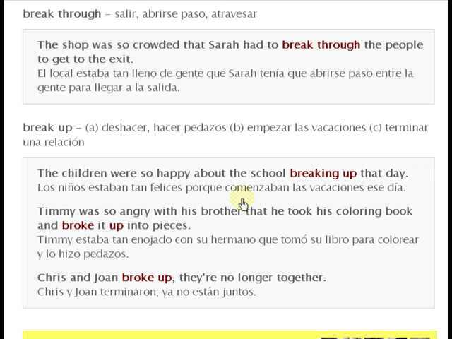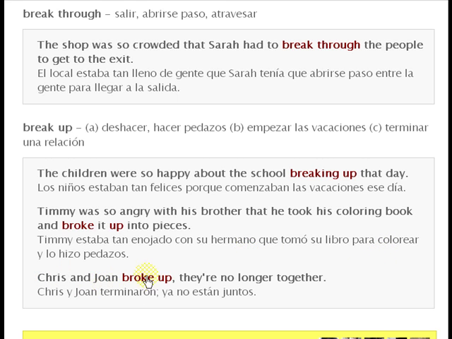Here we use the word to mean began a vacation. And Timmy was so angry with his brother that he took his coloring book and broke it up into pieces. He tore it up. Oh my goodness! He made it into pieces.